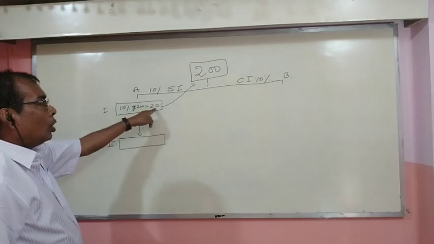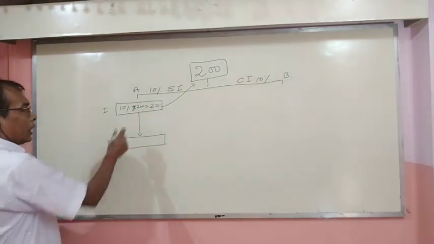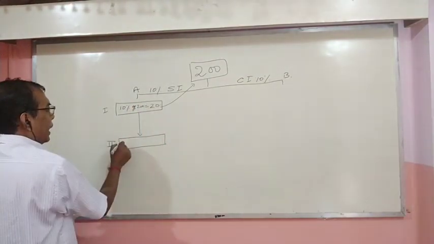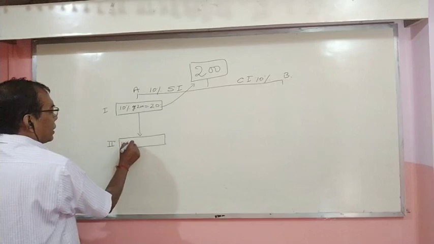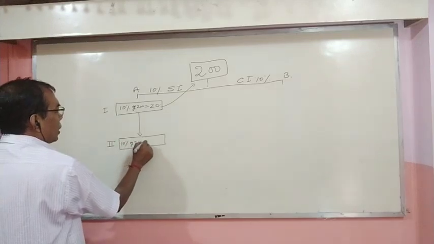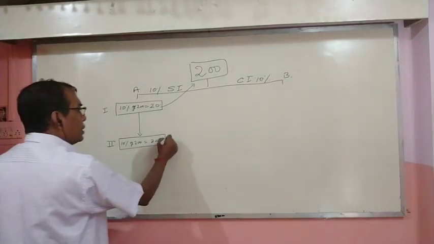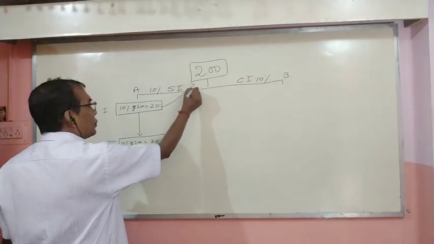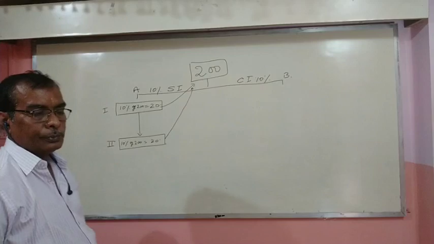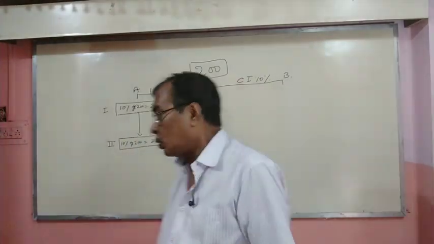Now again on this 200 rupees, whatever loan he has taken from me, I find 10% of 200 rupees, which again comes to 20 rupees. Again this person will have to return this 20 rupees to me, and the second year has been completed.